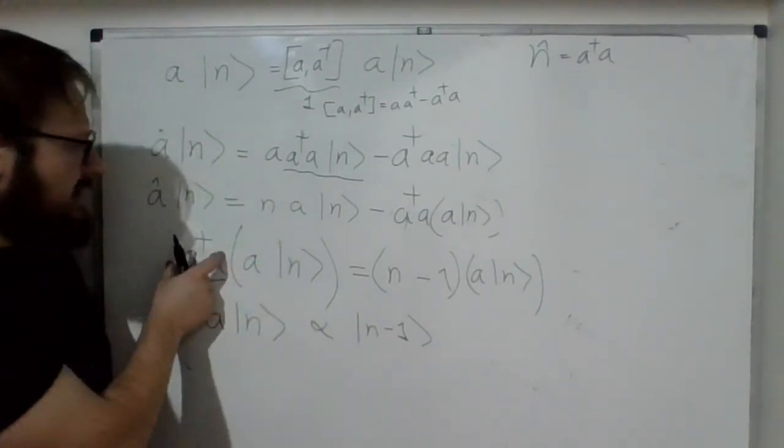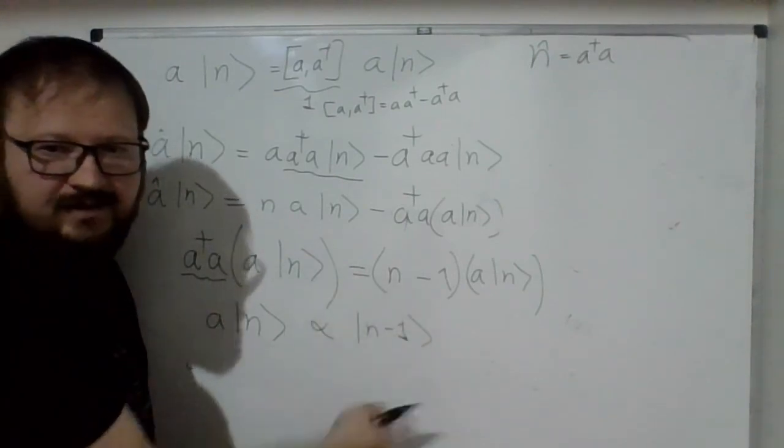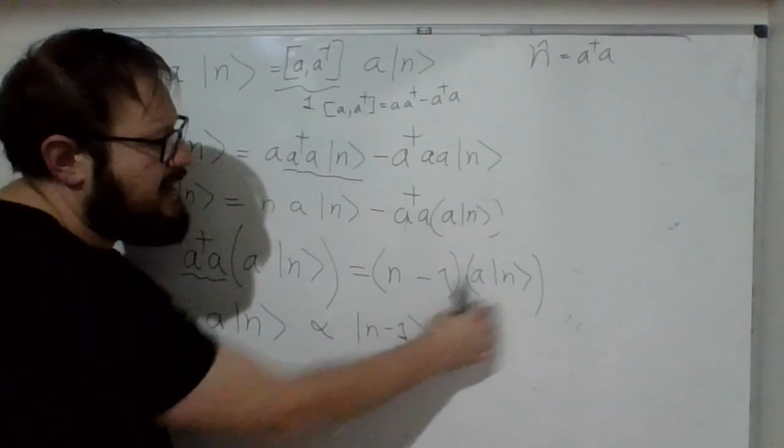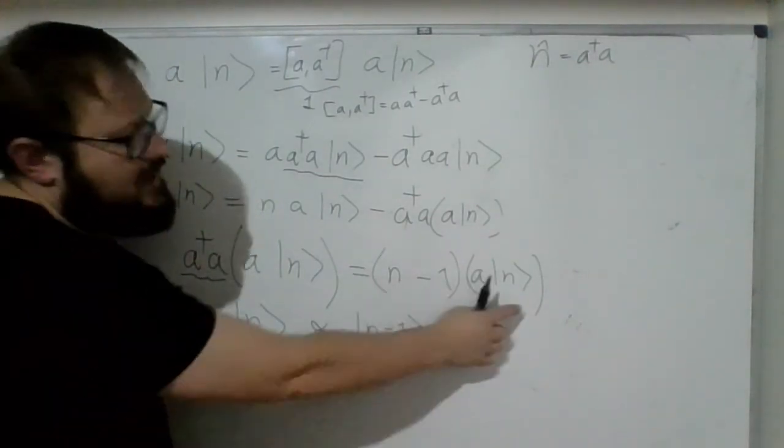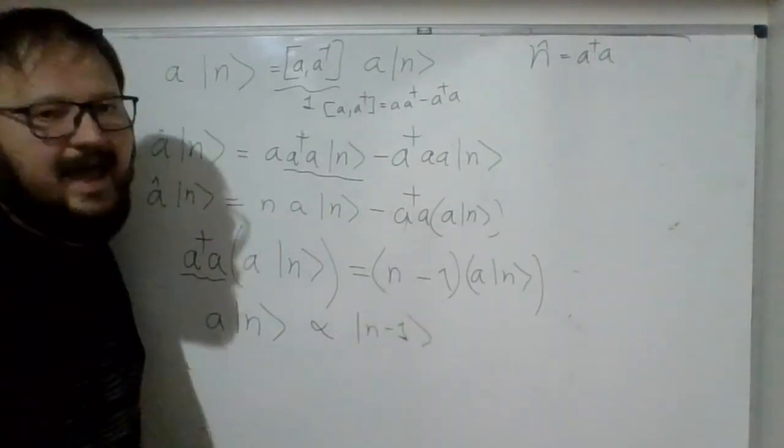The number operator operating on n minus 1, no matter the proportionality factor here, because it appears here and there, corresponds to an eigenstate which has an eigenvalue n minus 1.